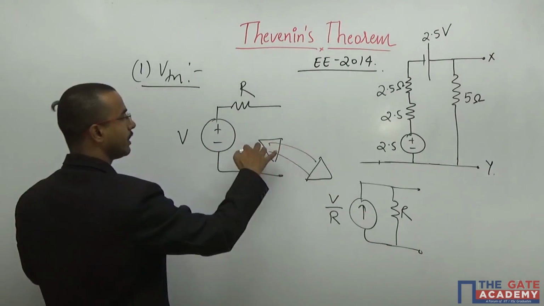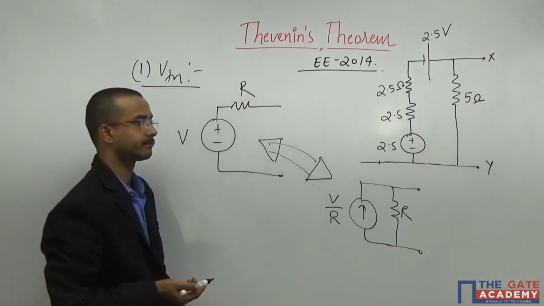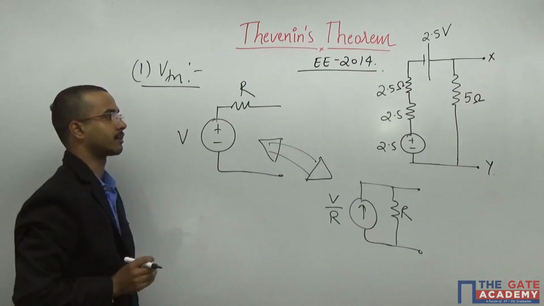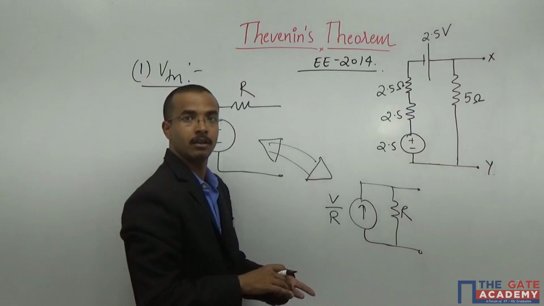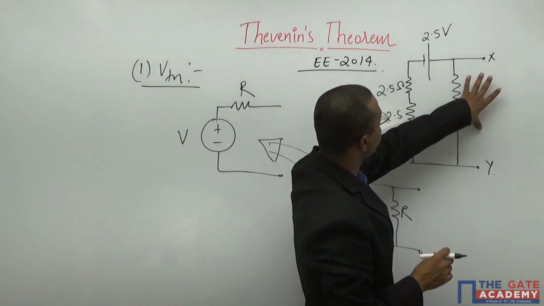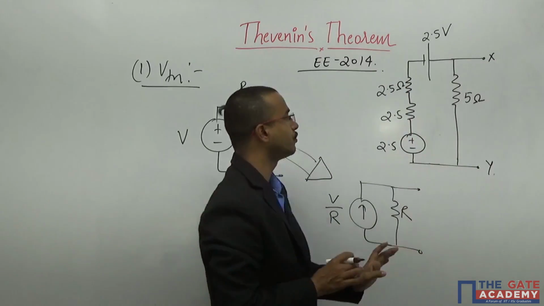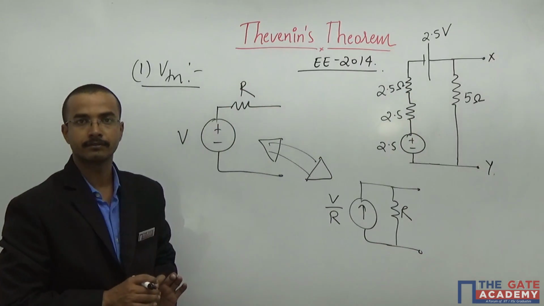You can go from here to here or from here to here. That means it is my circuit. I haven't changed anything across my load. I have simplified the circuit just to reduce my solutions.